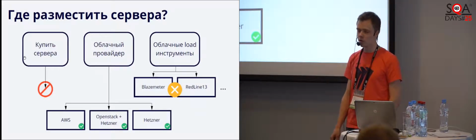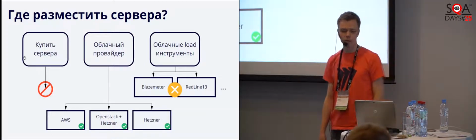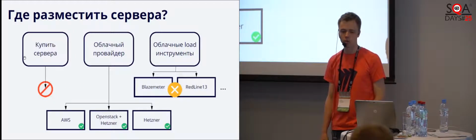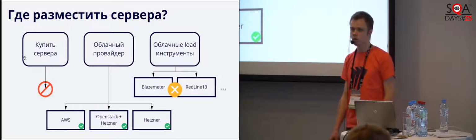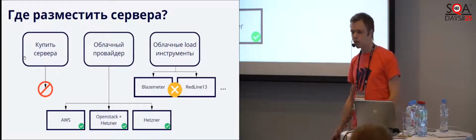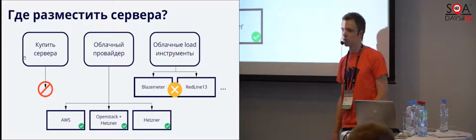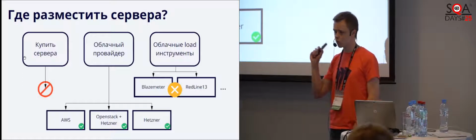And when there is the question what to choose, either buy a server or use the cloud provider or select the cloud load instrumentations, still there are limitations because that's expensive, it requires investments. But we have different platforms to use, not only Amazon.